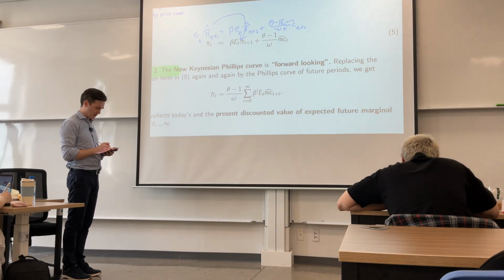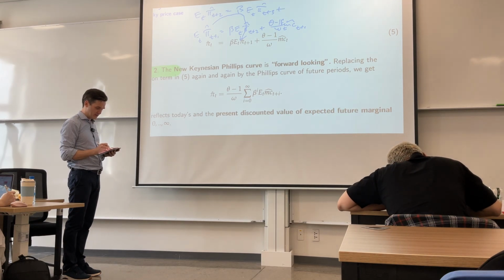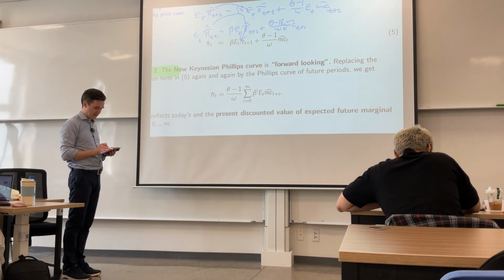So you're going to write down an equation for E_t of pi_{t+2} hat is equal to beta E_t of pi_{t+3} hat plus (theta minus 1) over omega E_t of mc_{t+2} hat. And then you're going to plug that in here.